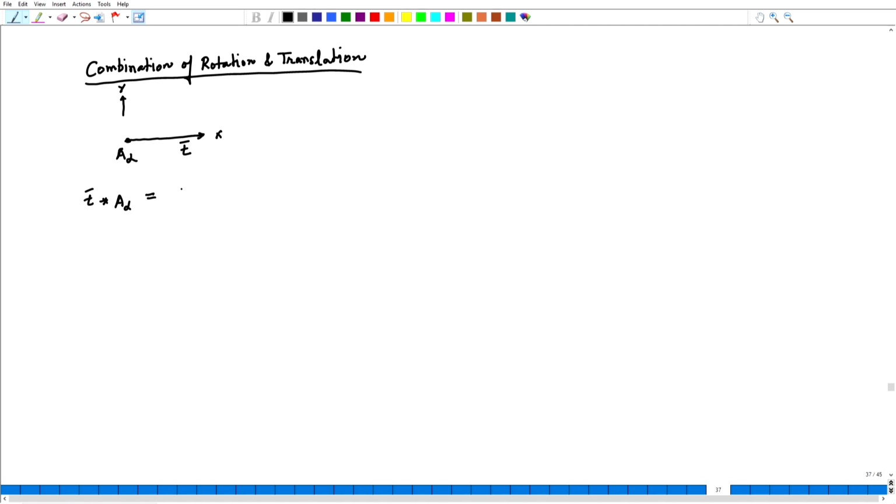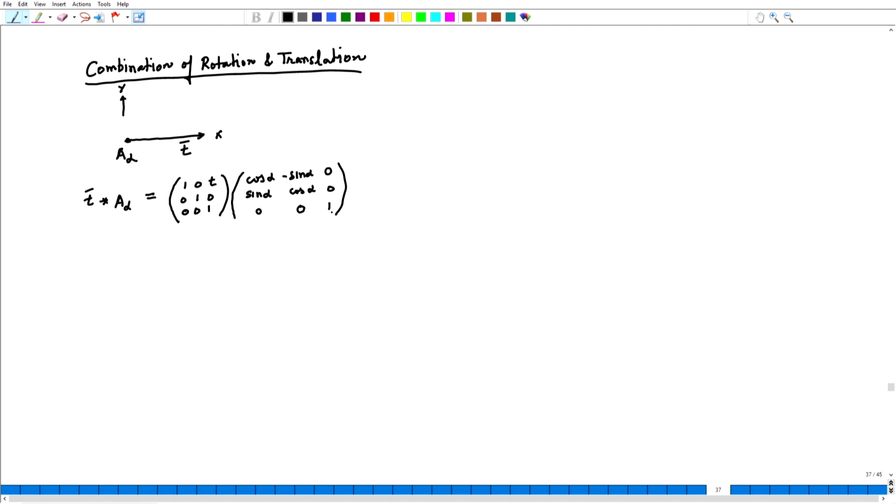We know the matrix for translation T that we developed last time. For a translation of T, the matrix in homogeneous coordinates is 1 0 T, 0 1 0, 0 0 1, and we have used the rotation matrix very often, and that is simply cos alpha, minus sin alpha, 0, sin alpha, cos alpha, 0, 0 0 1.